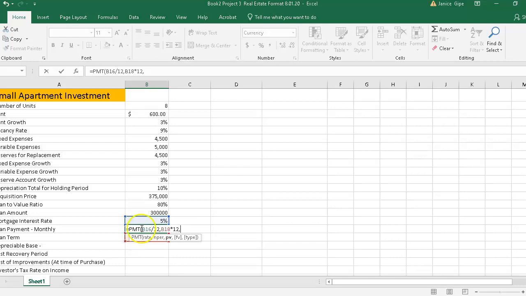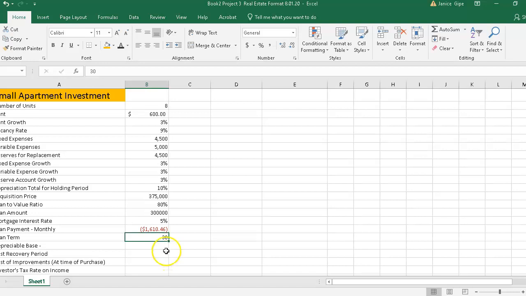And then your loan amount is $300,000. That is 80% of the $375,000. So your loan payment monthly is $1,610.46.